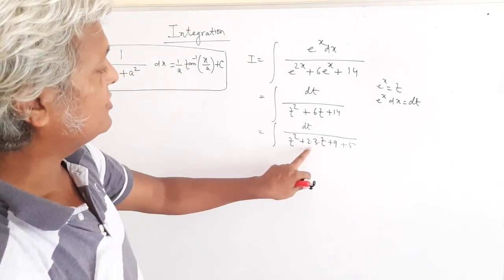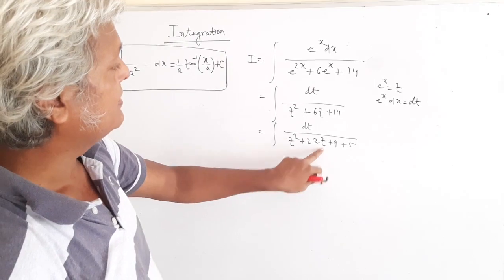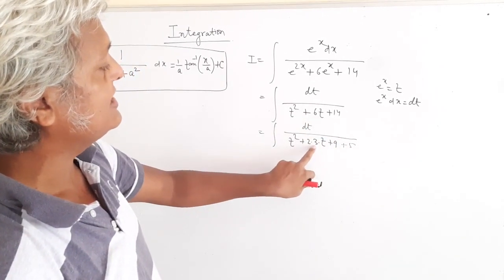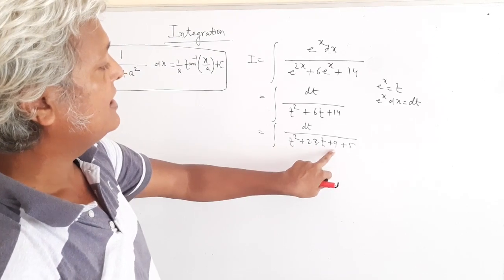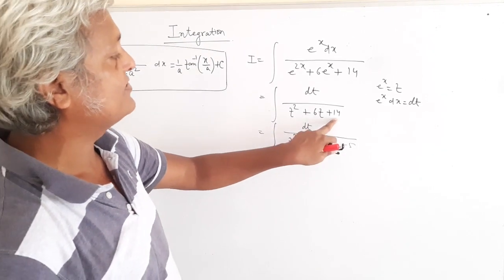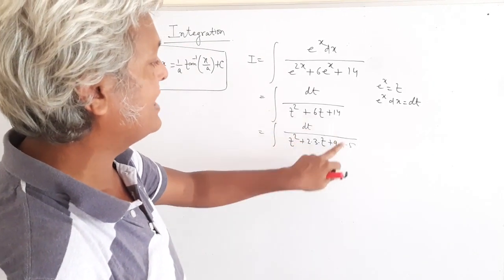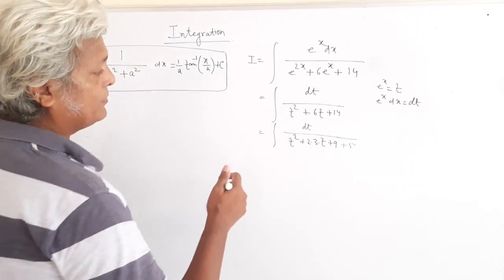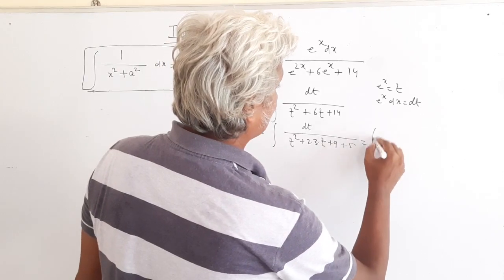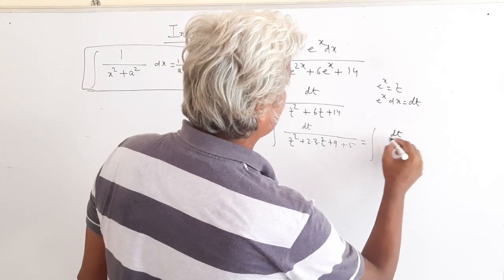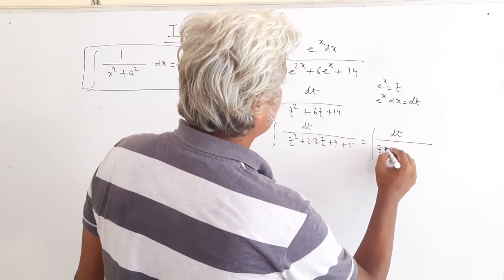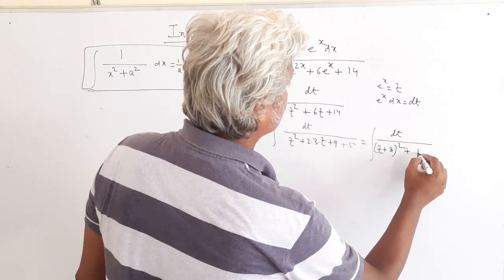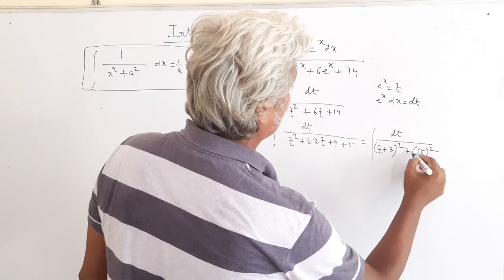Why 9? Because we need 3 square. That's why I have taken 9 here. And you can assume that I have split this 14 into two parts, one is 9 and another is 5. So this is serving my purpose. So what form am I getting now? I get dt over t plus 3 whole square plus root 5 whole square.